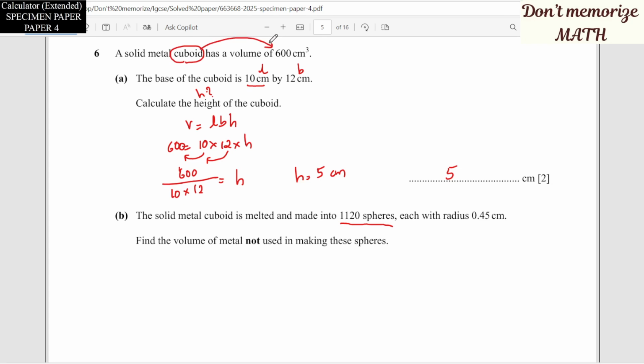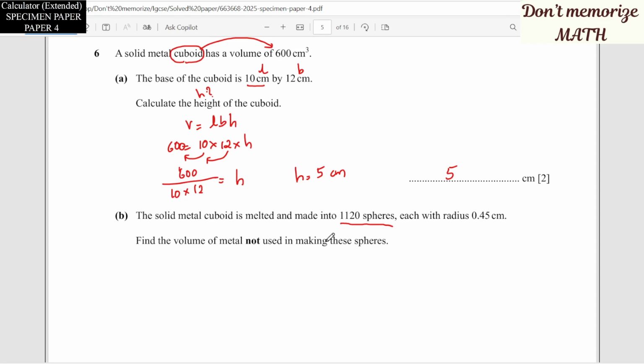Okay, so this cuboid we are melting. When you have questions like melting and all, keep in mind it's talking about volume. So the cuboid we are melting and we are making 1120 small spheres. Okay, so we need to find out the volume of metal that is remaining.